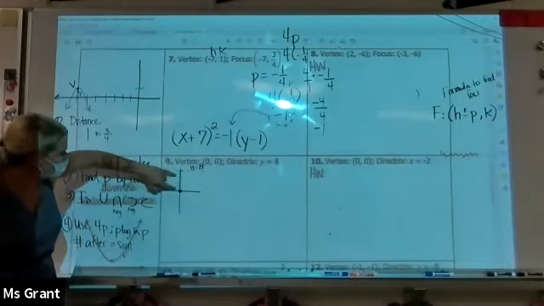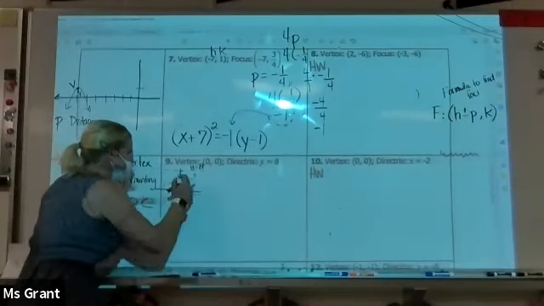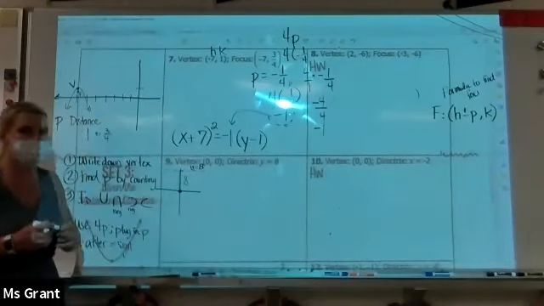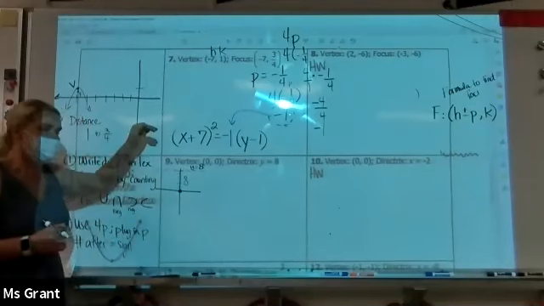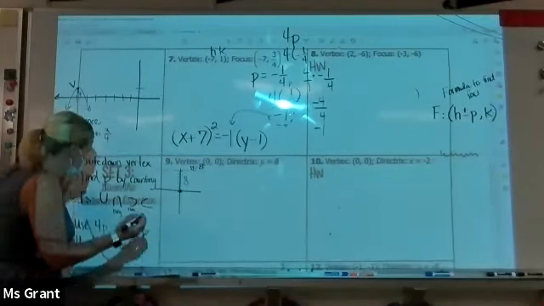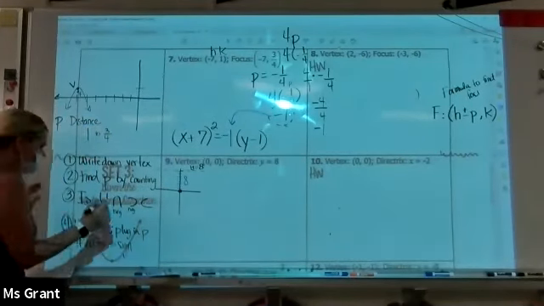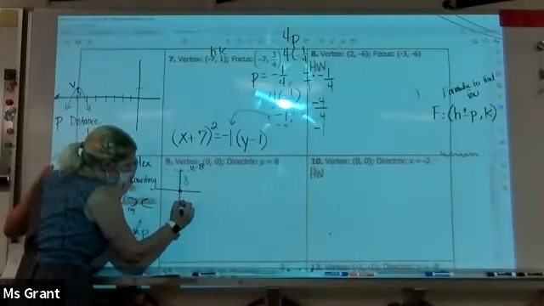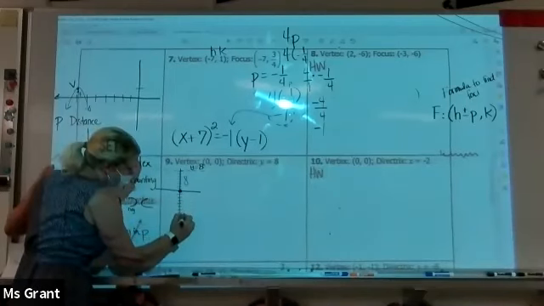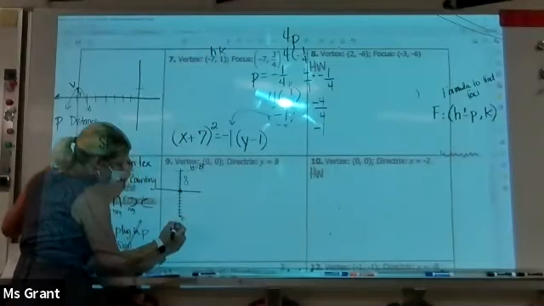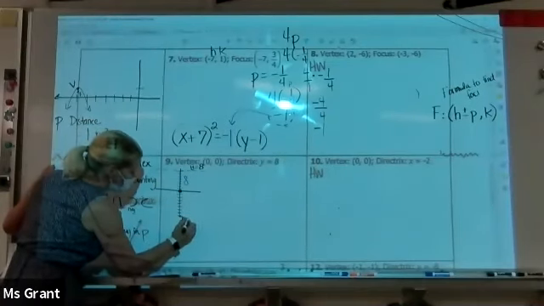So if this is 8 spaces for me to go to my directrix, the focus is going to be 8, and hey, I'm going downward, aren't I? Which means I need to factor in this down: negative 3, 4, 5, 6, 7, 8. There's no reason why I can't make this bigger.